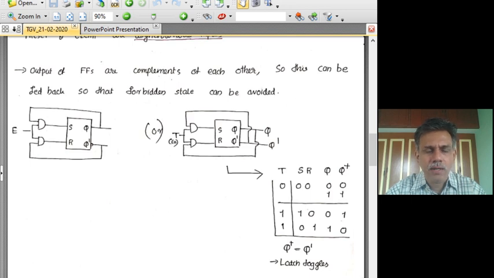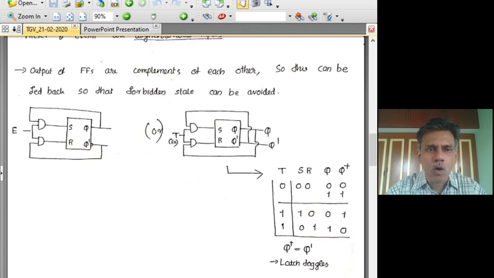Now we will look at some more designs with the aim of removing the forbidden states and also achieving certain functionality. The main idea behind removing a forbidden state is that we should not let the input condition 1 1 occur in the inputs of an SR latch.